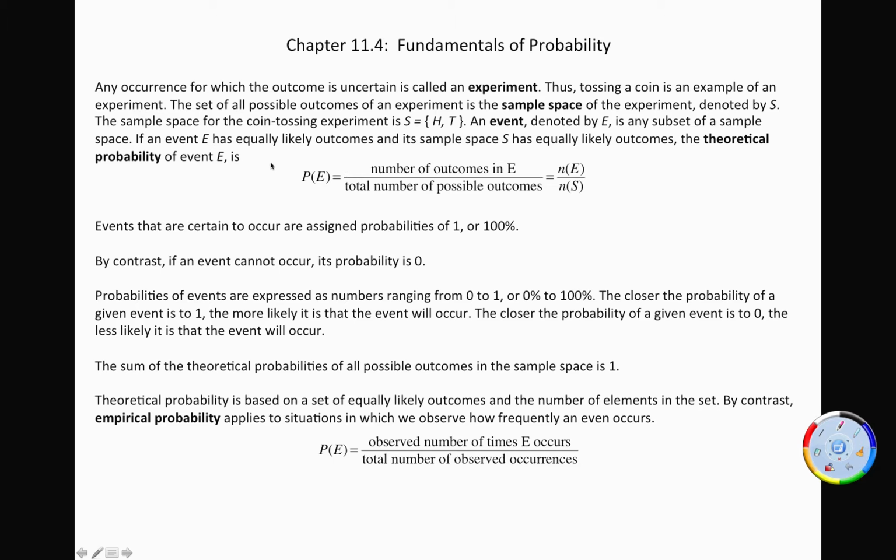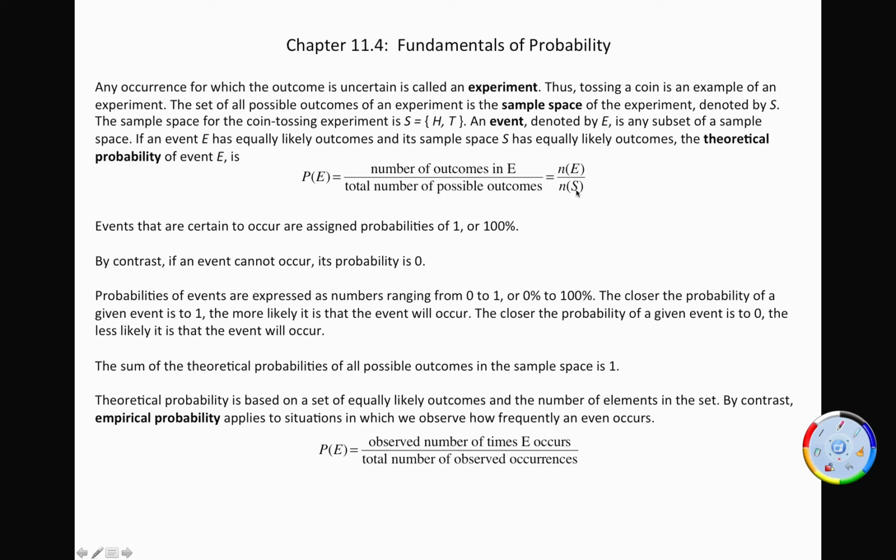If an event E has equally likely outcomes, and that's going to be important, equally likely outcomes, and its sample space has equally likely outcomes, the theoretical probability of that event is denoted like this, and it's simply the number of ways the event in question can happen divided by the number of ways anything in the sample space or any way an outcome of the sample space exists.